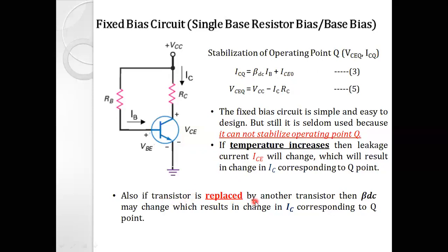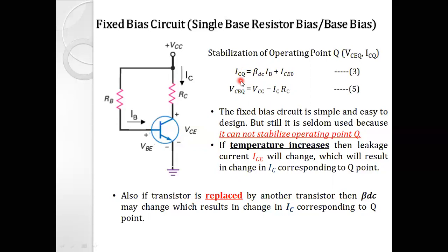Also, if the transistor is replaced by another transistor of the same type, it may happen that the beta of the first transistor and the beta of the second transistor are not the same, right? So if the beta changes, that means beta into IB plus ICEO changes, and ultimately IC will change.